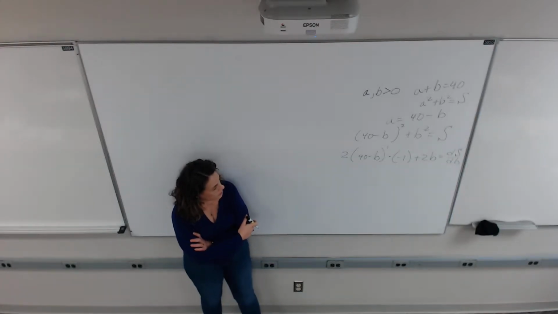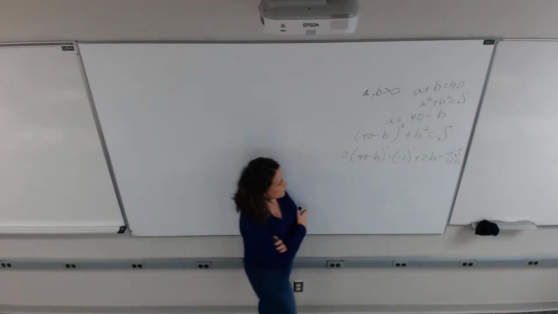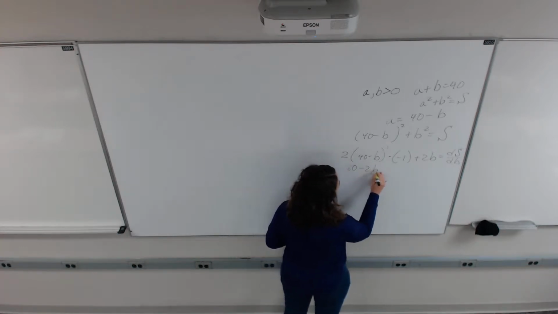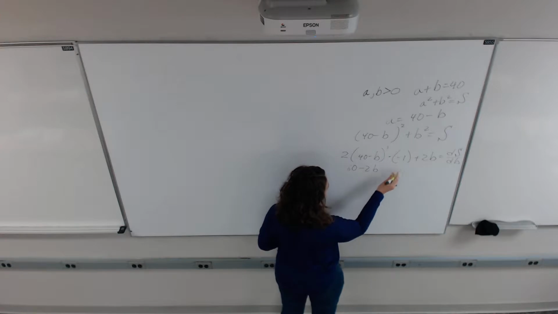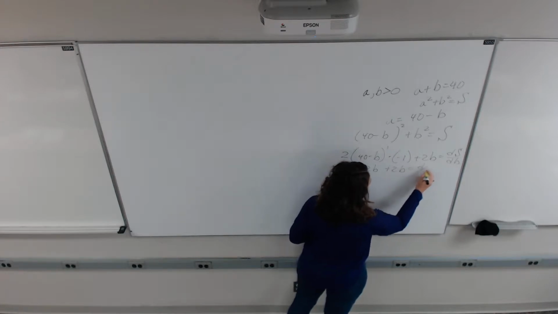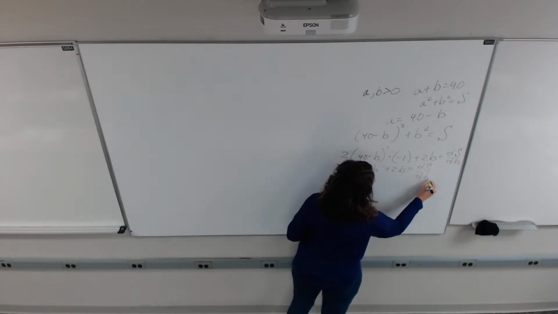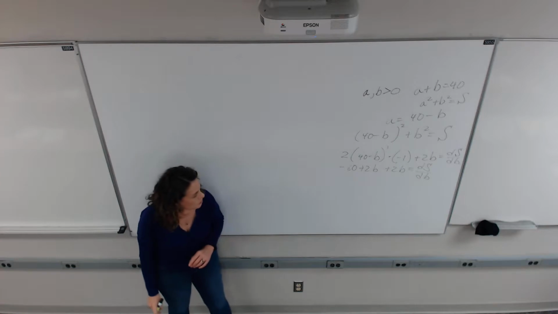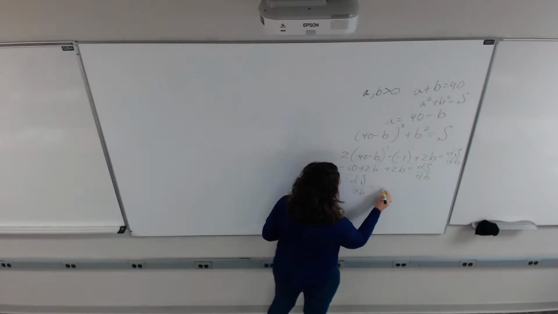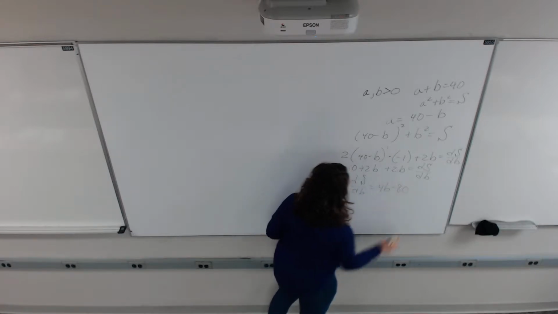And then once you have that, you can go ahead and multiply it all out. So this would give me 80 minus 2B with a negative on it, which would make it -80 plus 2B plus another 2B is the derivative of S with respect to lowercase b. You can combine your B's, and so you get the derivative with respect to B is 4B minus 80.